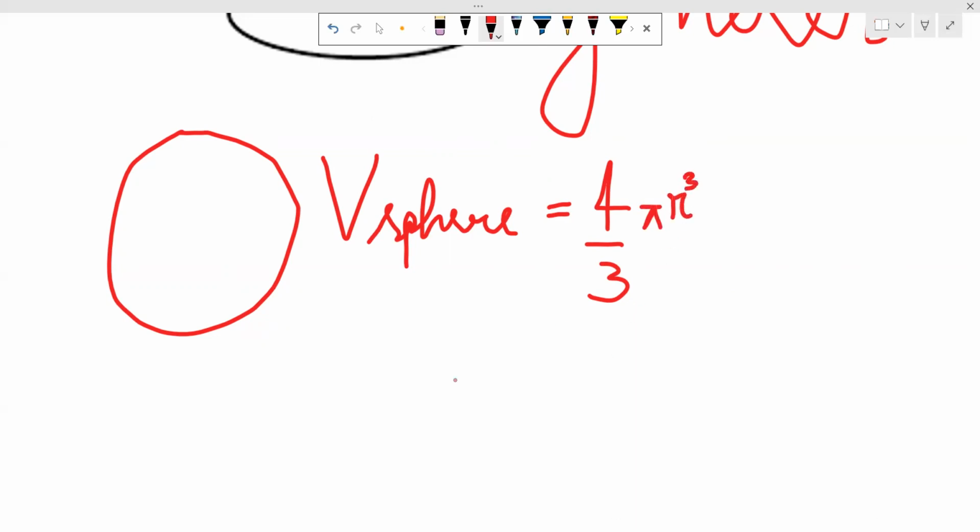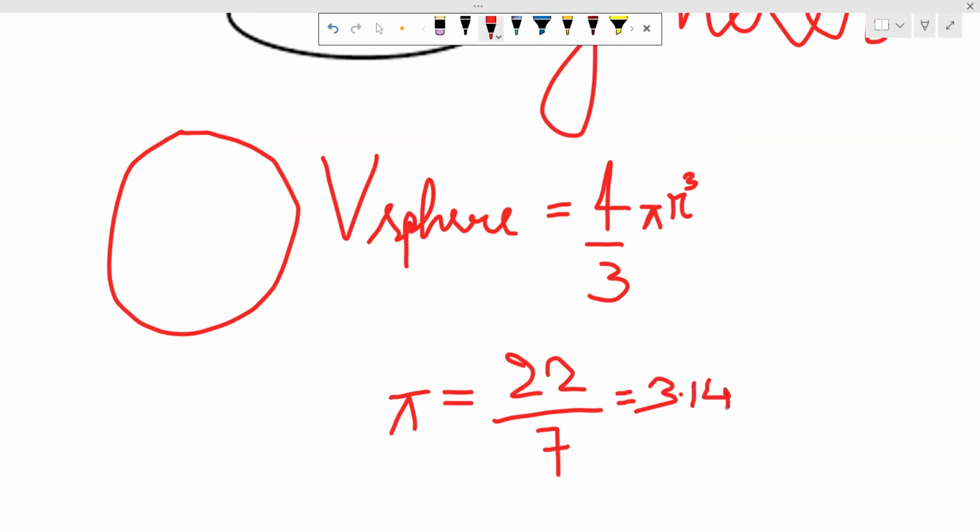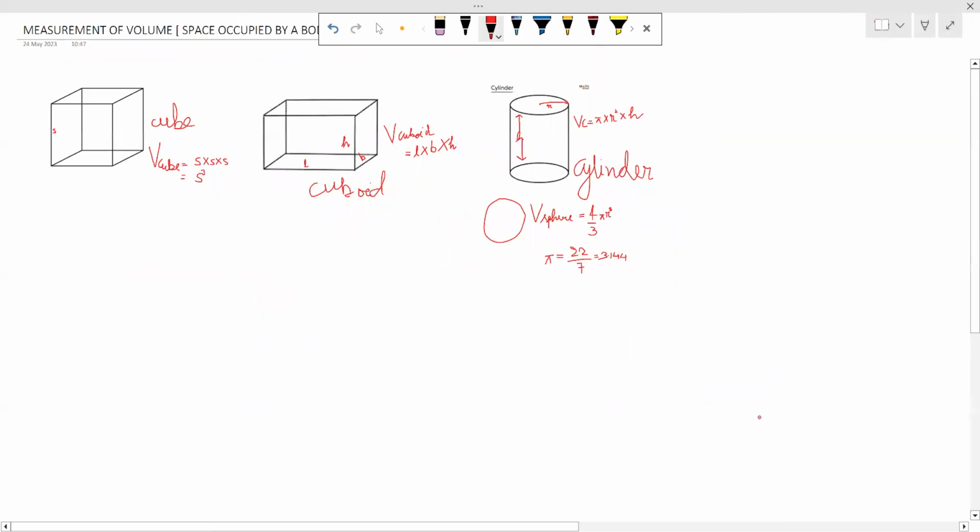And the value of pi is 22 by 7, a constant value, or 3.14. These are the measurements of volume occupied by shapes.